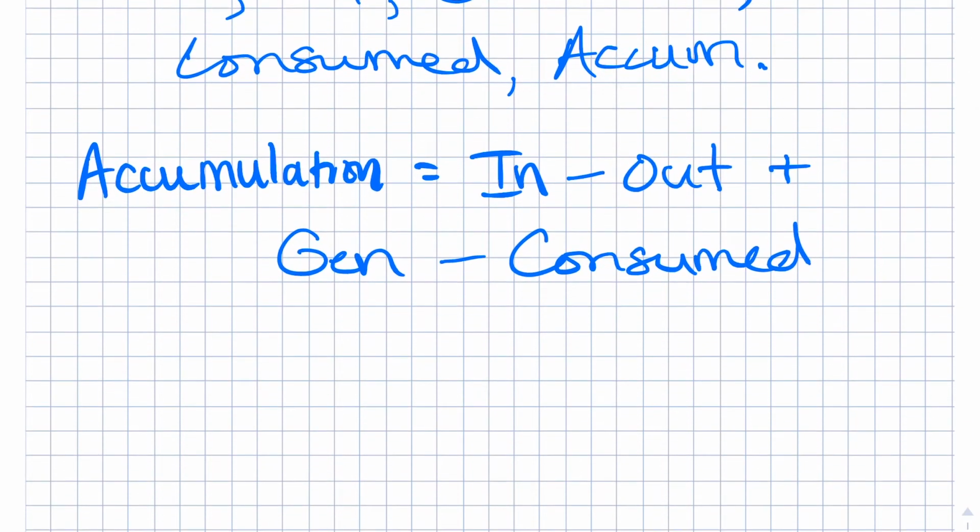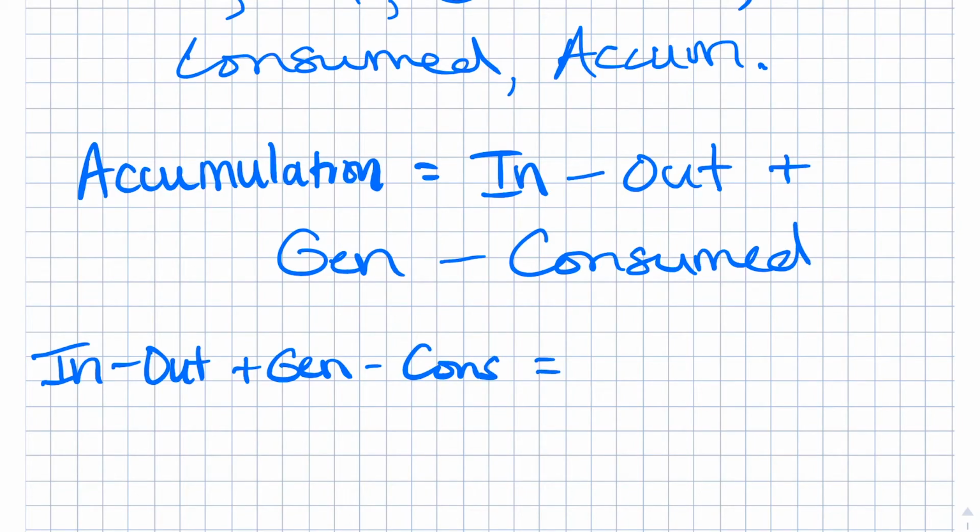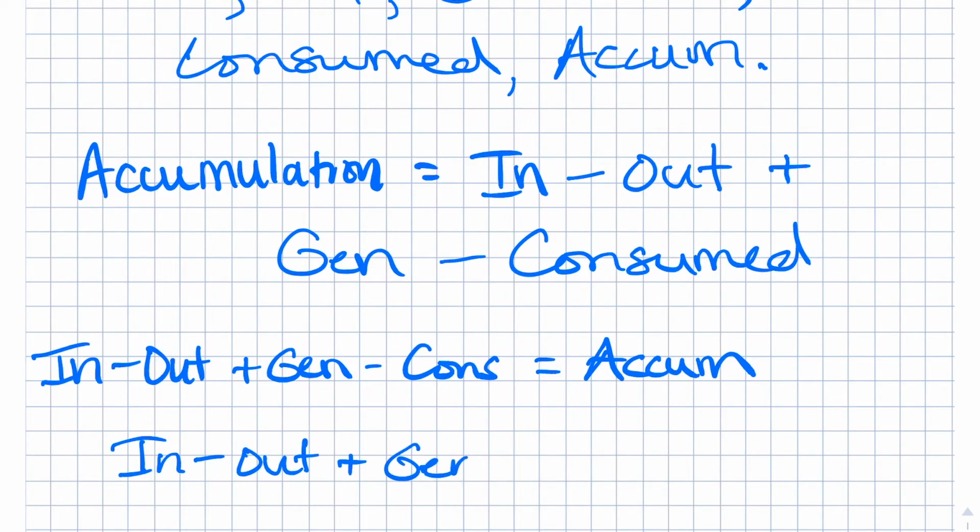Now, it's often written this way when people first learn: in minus out plus gen minus consumption equals accumulation. And people oftentimes will just write it in minus out plus generation equals accumulation.